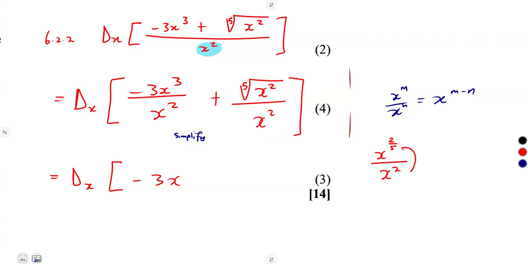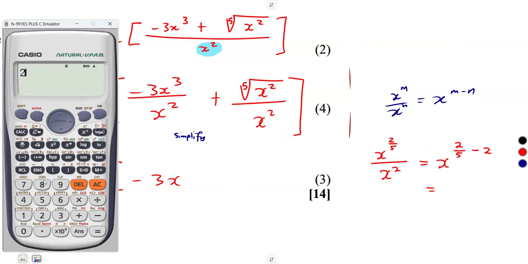Now, at this stage, you are going to subtract your exponents, m minus n, x to the exponent of the power on the numerator minus this one. So that's 2 over 5 minus 2. Let us even just use our calculator here. 2 over 5 minus 2 is going to give us negative 8 over 5.